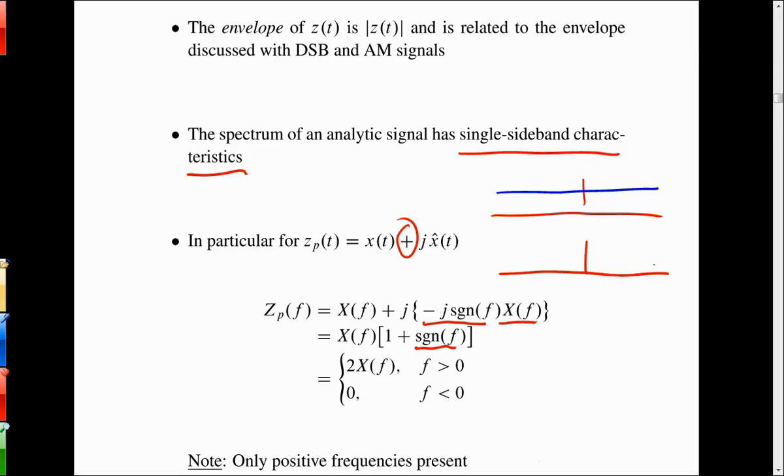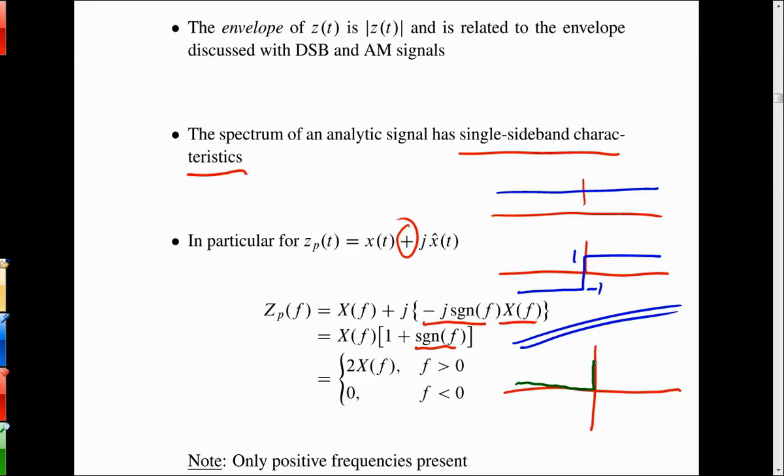Then we have the signum function, it's like that. And if I do the addition of those two, what do I get? I get a signal now that comes along at 0 and 1, but this is in the frequency domain, so I shouldn't have been saying signal.